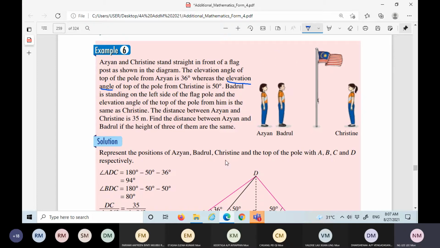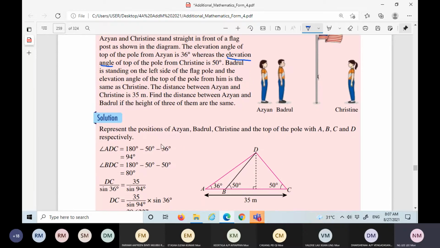So for example here, we look at this diagram, it's easier. A and D. Let's say we say the angle of elevation of D from A. This means D is on the top, A is somewhere at the bottom.